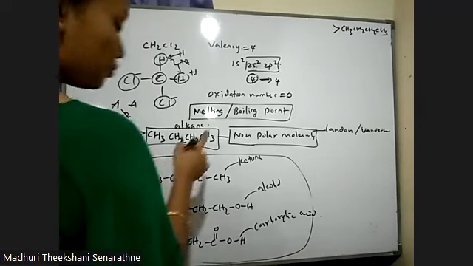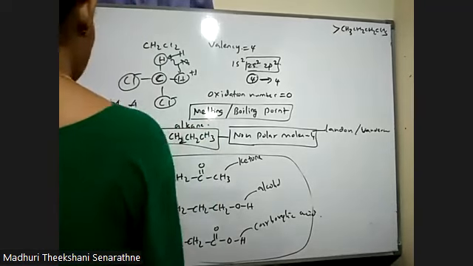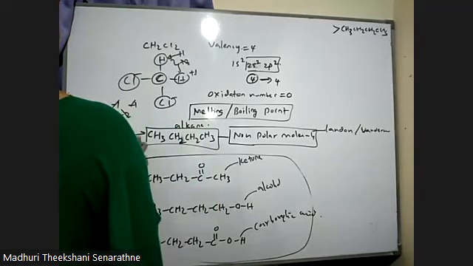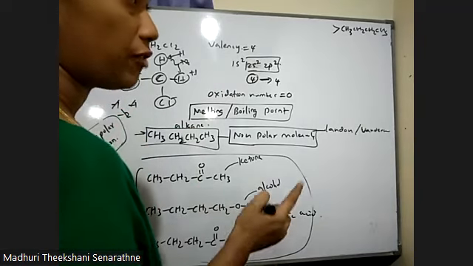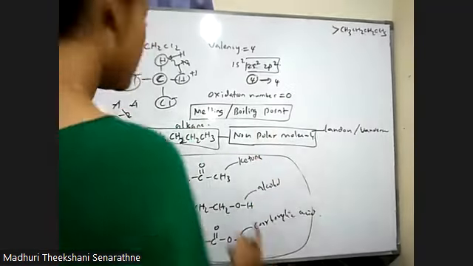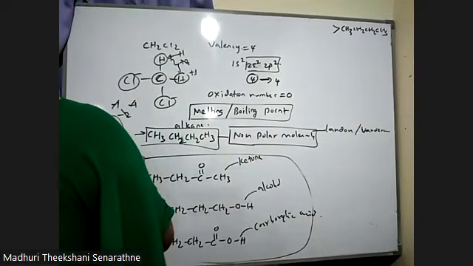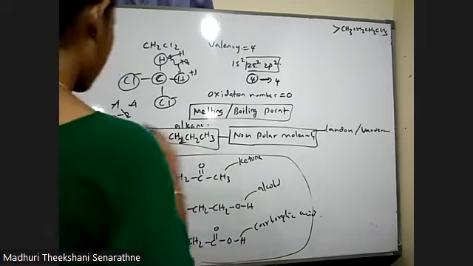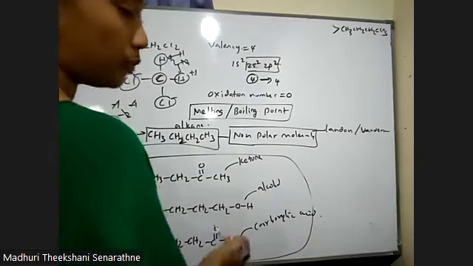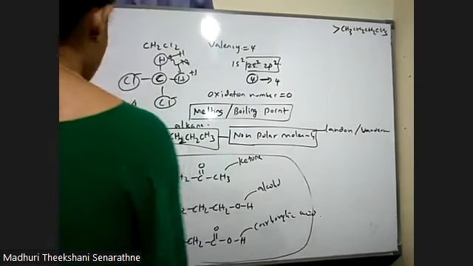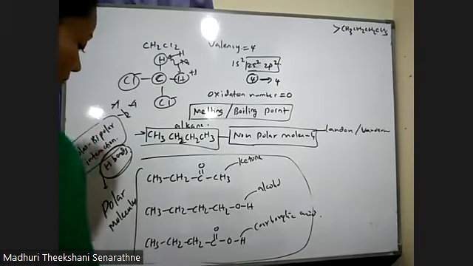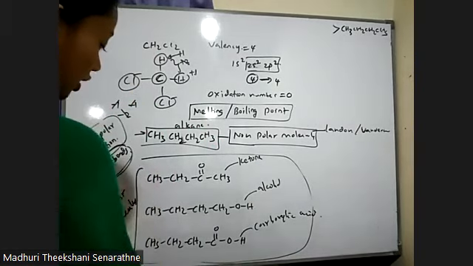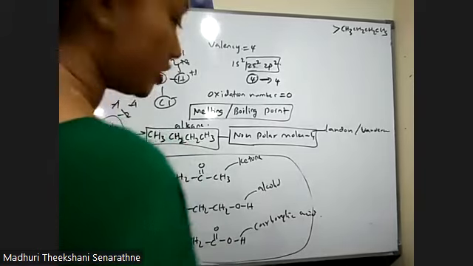There is a specific dipole interaction type that we call hydrogen bonds. These hydrogen bonds are stronger than all other dipole interactions. Hydrogen bonds. Okay.